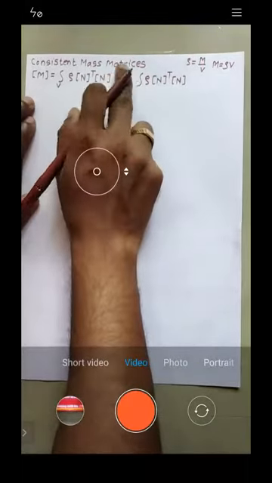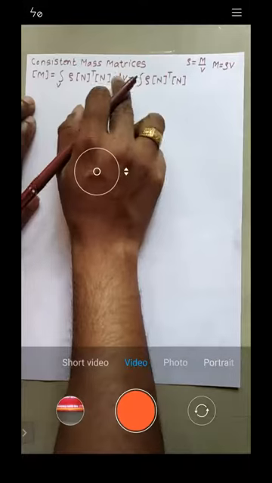Now what is volume? It is area into thickness. But I have taken a small thickness that I will integrate from 0 to L, so instead of A into L, I write A into dx.